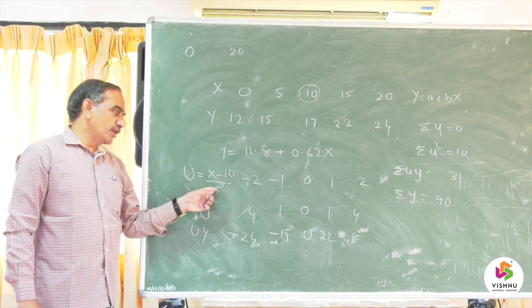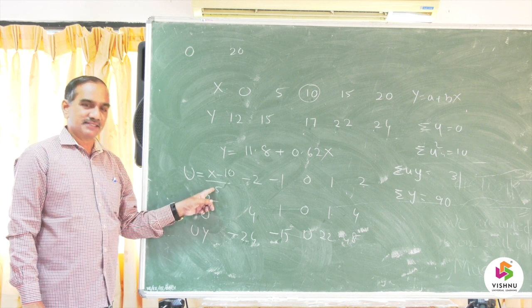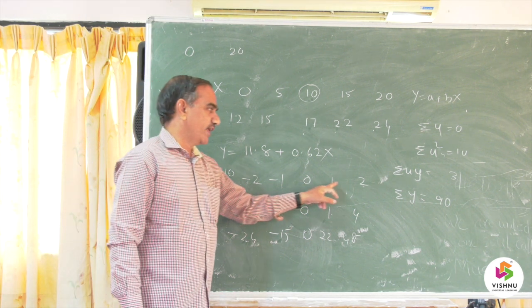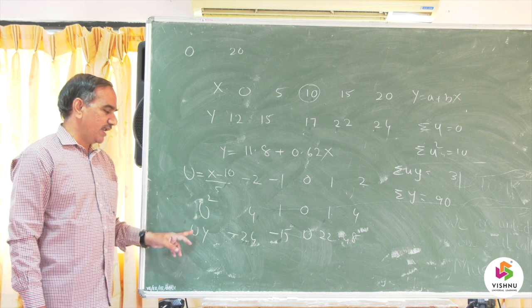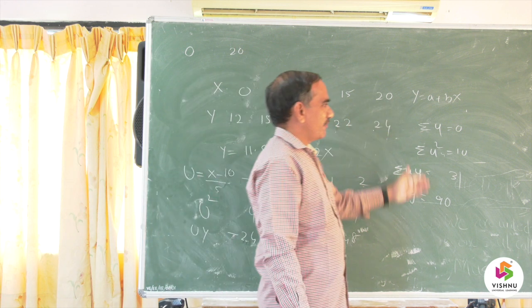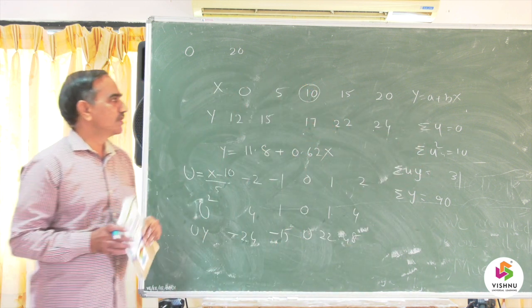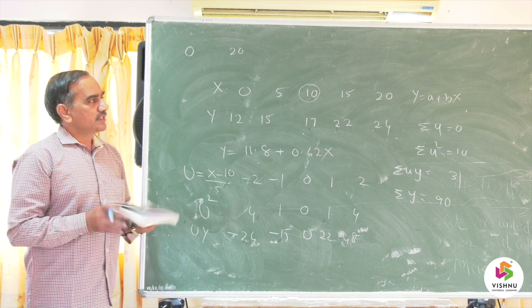Further, you can divide by some value. So x minus 10 by 5: minus 2, minus 1, 0, 1, 2. Similarly, u can be converted into u square. Then finally we get the product value u into y, and finally we get the summation values, and finally we solve the equations. Okay. So it is the first method, fitting of straight line.